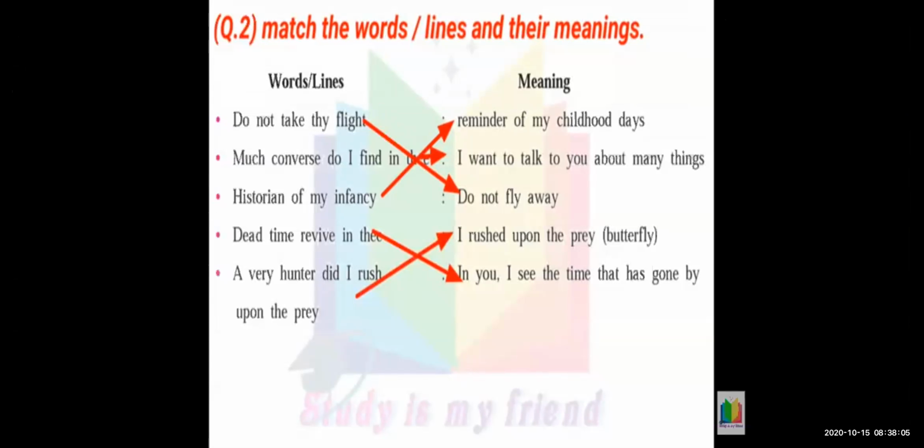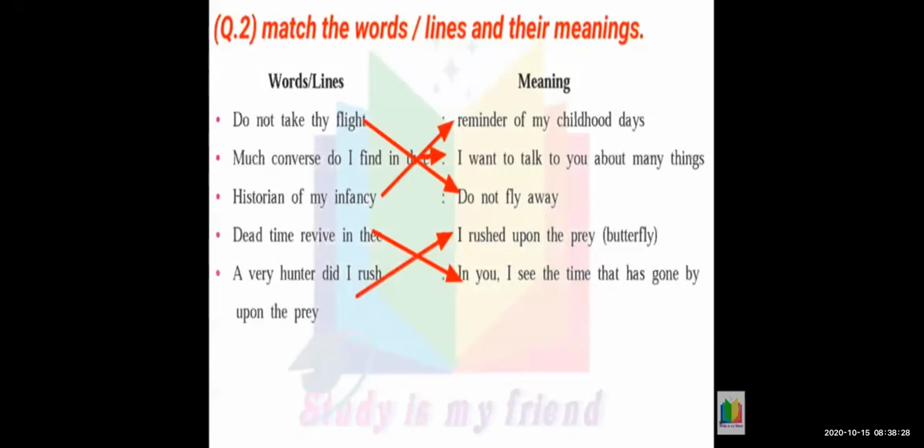Look at the third line. Historian of my infancy, reminder of my childhood days. The poet is reminding his childhood days.